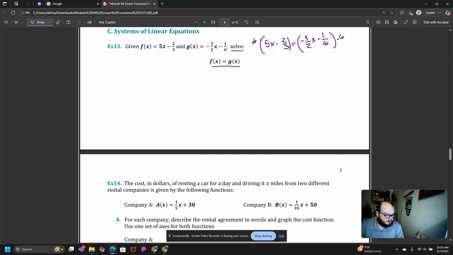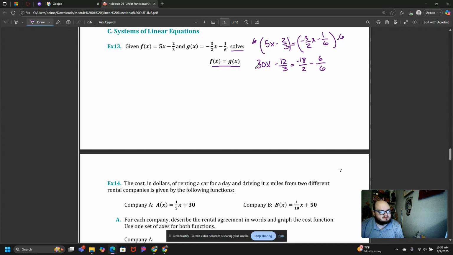Let's see what happens. 6 times 5 is 30. 6 times negative 2 is negative 12 over 3. 6 times negative 3 is negative 18 over 2. 6 times negative 1 is negative 6. Well, I already put the minus there, so I was telling y'all, and then I said, let me write it again. That would be a mistake. Over 6. Remember, that's only multiplied on the numerator.